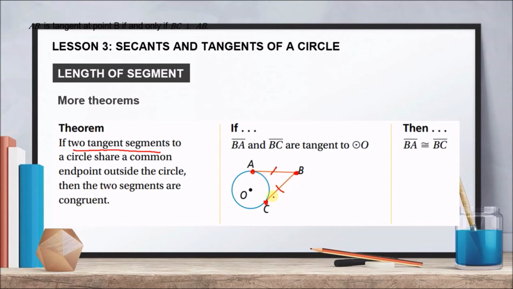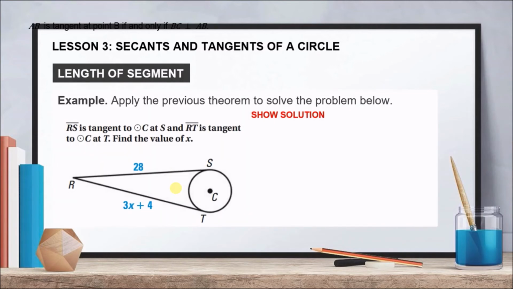Magiging congruent yan. Kagaya nung circular playground kanina, yung from main road up to gate or certain gates na nakita natin. So from our example here, since tangents ang mga RS, tangent din ang ating RT, masasabi natin na yung dalawang tangent segment na yan ay congruent.